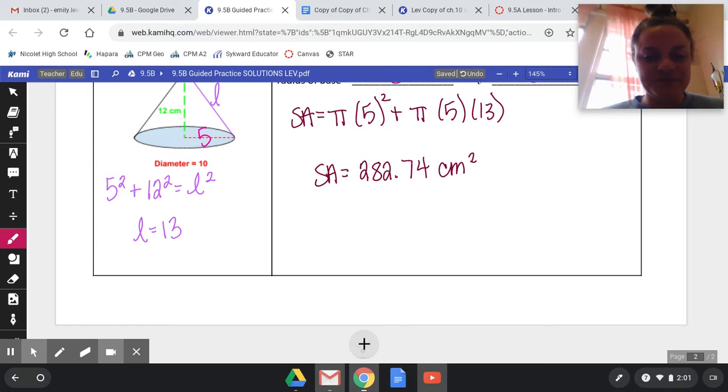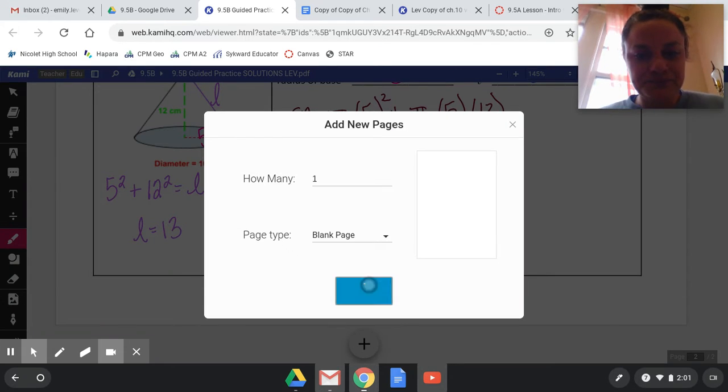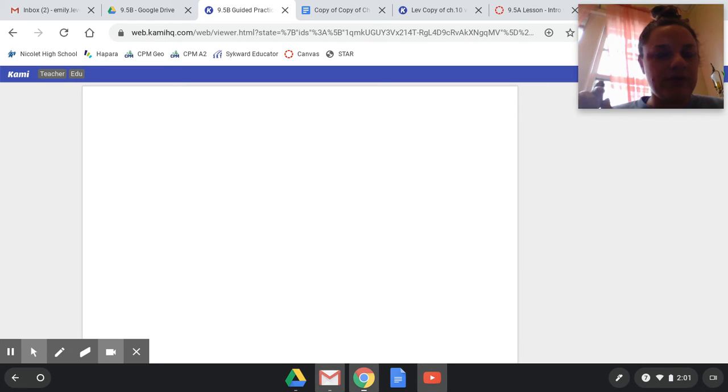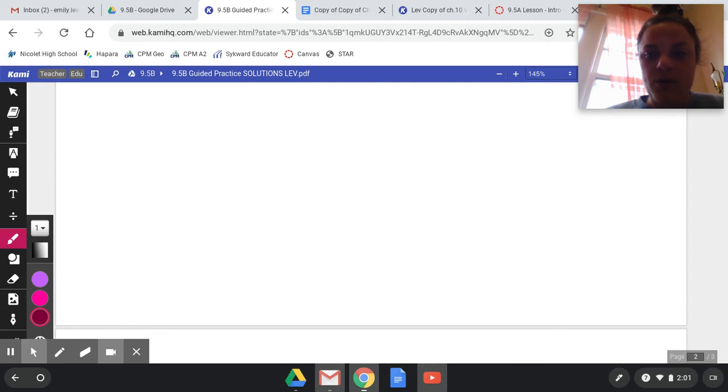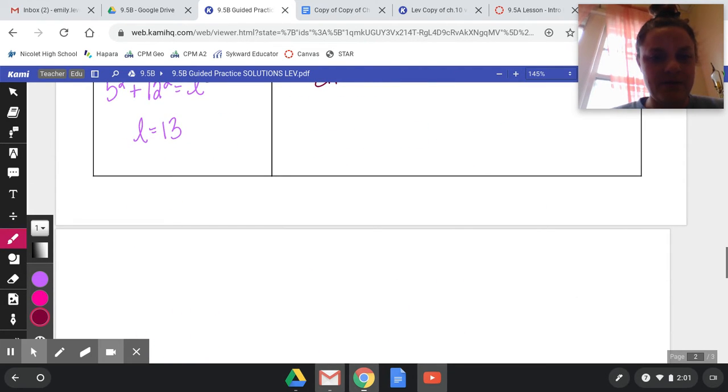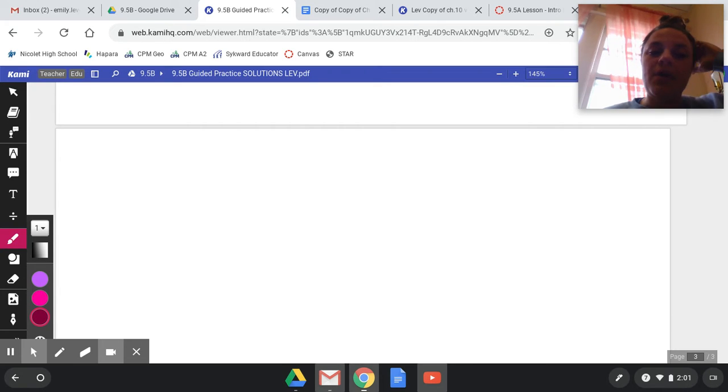All right, so let's add a page on here. Sometimes this makes things kind of messy. All right. So the first thing that I want you to recall is, when you are finding the surface area of a circle, it's just pi r squared.